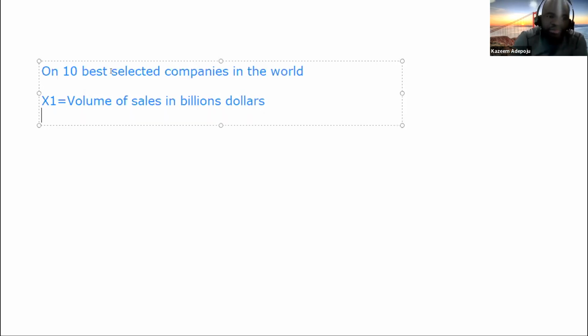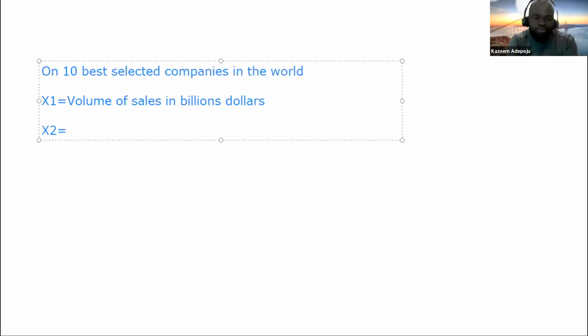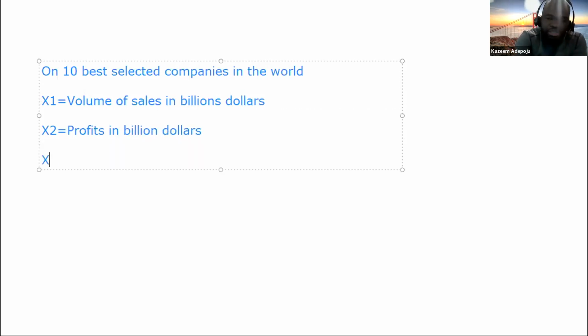Then maybe another variable that I want to collect from all these companies is profit, their profit over the years in billions of dollars. Then maybe I collect the third variable, assets in billions of dollars.